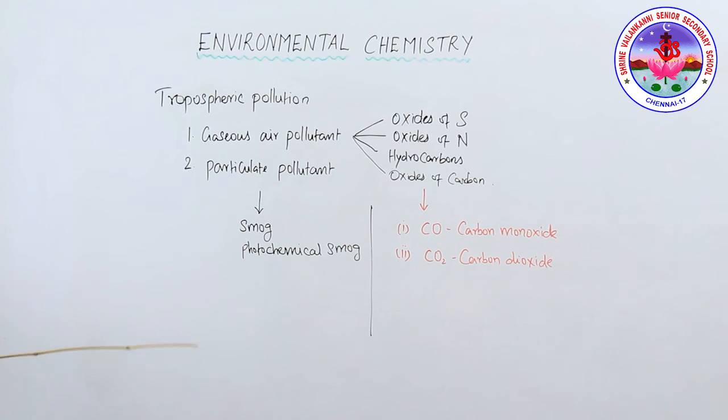As you know, deforestation and the burning of fossil fuel increase the carbon dioxide level and disturb the balance in the atmosphere. So the increased amount of carbon dioxide in the air is mainly responsible for global warming.